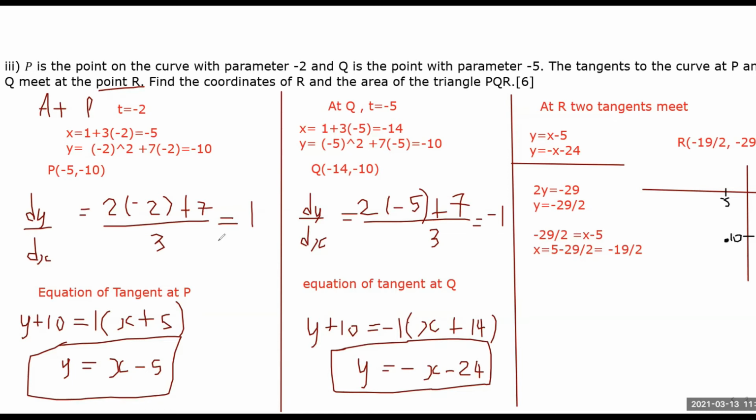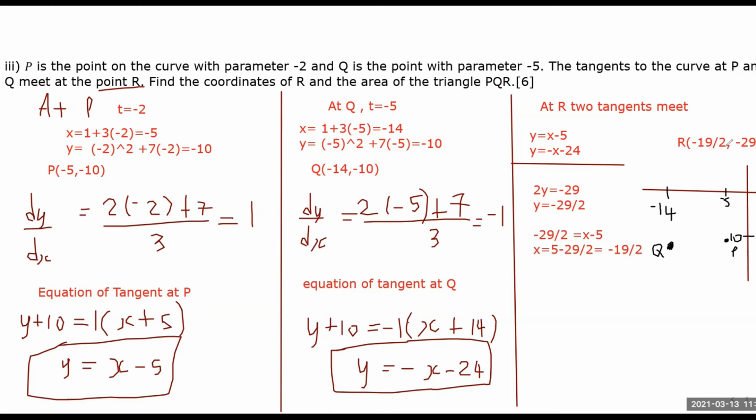And then Q is the point -14, -10. Let's put -14 here. -14, -10 is right here. This is your point Q. And then now they want the point R. Where is R?